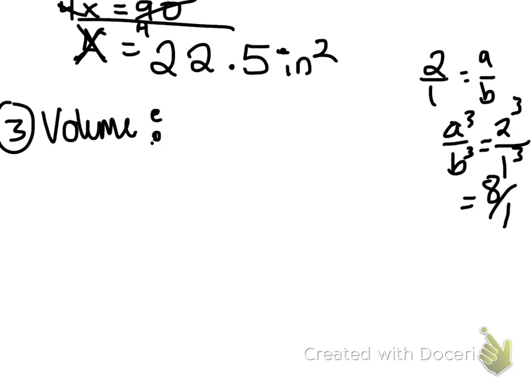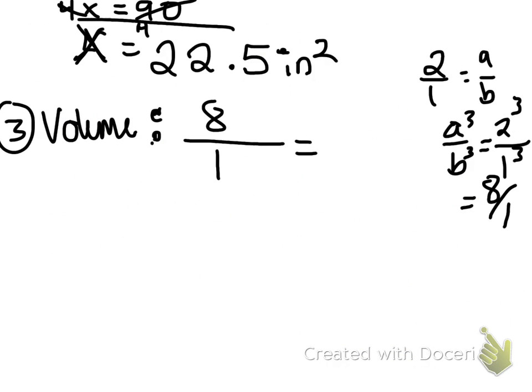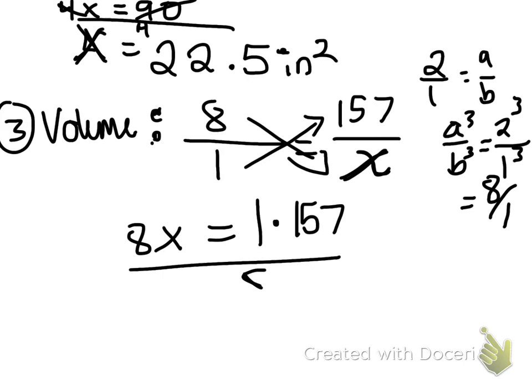Okay, so let's go. We're still going large to small. So we have 8 over 1 equals, and the volume of our large cylinder is 157. So 157 over x. We want to find the volume of the smaller cylinder. So let's cross multiply. So 8x equals 1 times 157, all divided by 8.